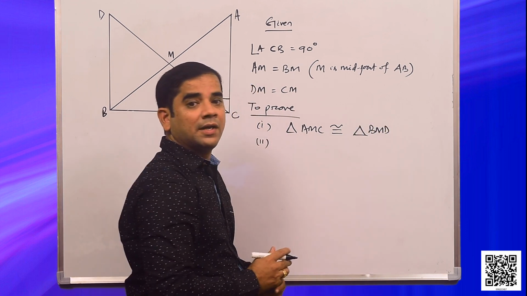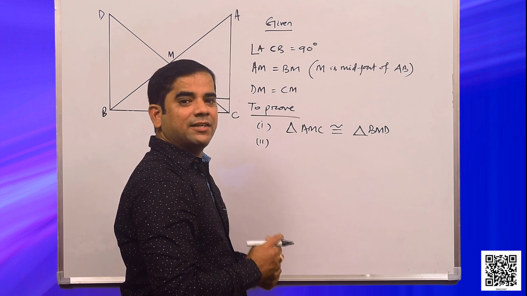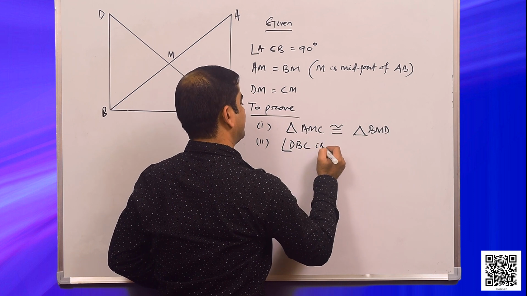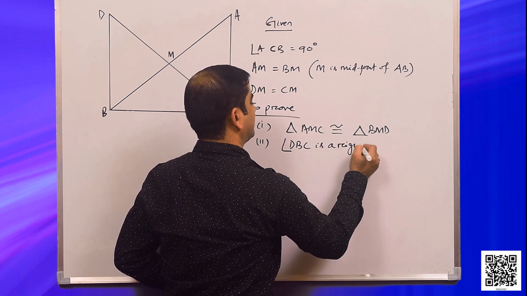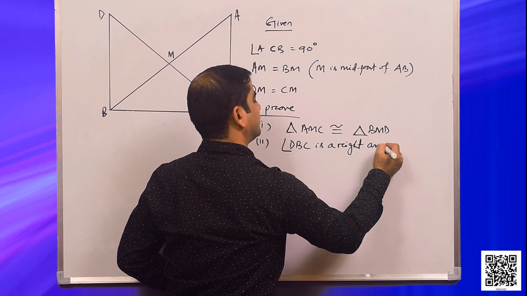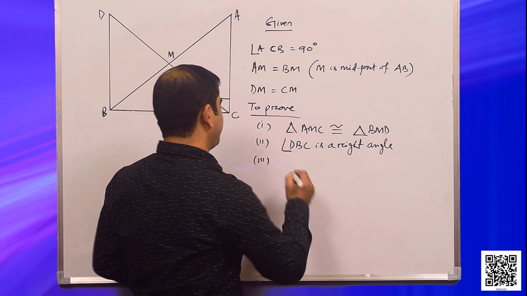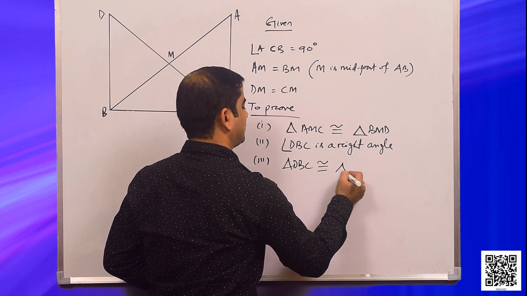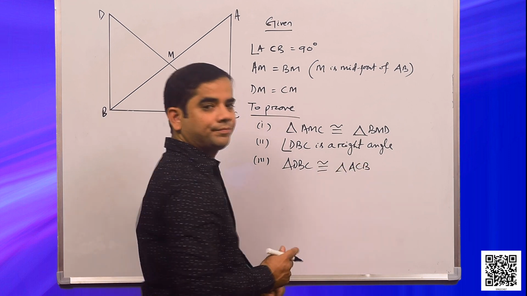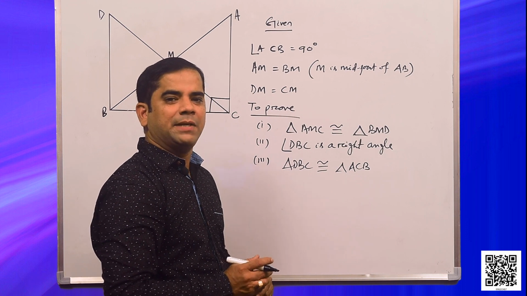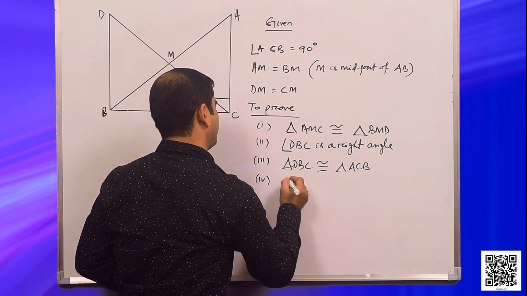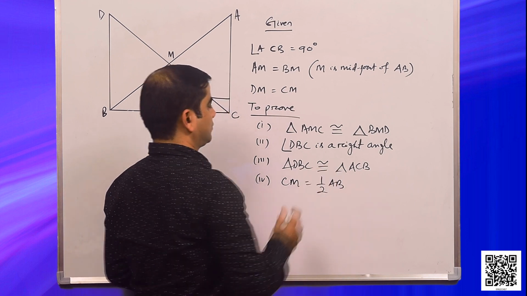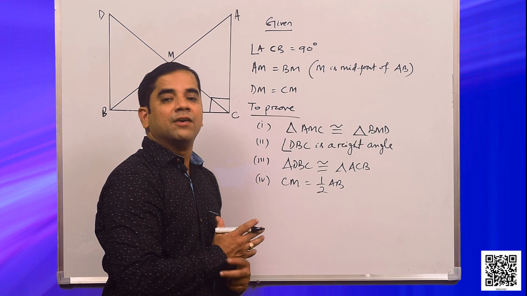Second, angle DBC is a right angle. Third, triangle DBC is congruent to triangle ACB, and fourth, CM is equal to half AB. We need to prove these four.